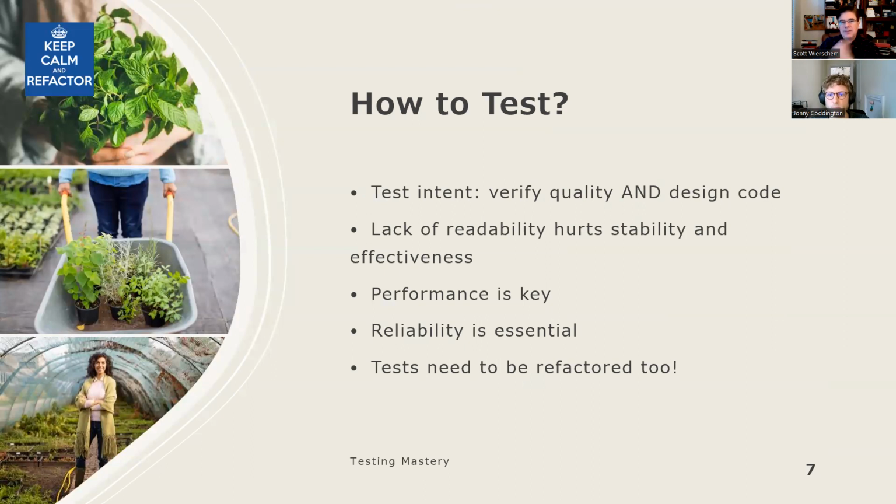How do we test? Well, you're going to test the intent of the program. You're going to make sure that it's doing what it's supposed to be doing in the right way. You're not just testing the functionality, you test what it's supposed to do. And if you think about it, code that's hard to read, I know we talked about this before, is also harder to maintain.